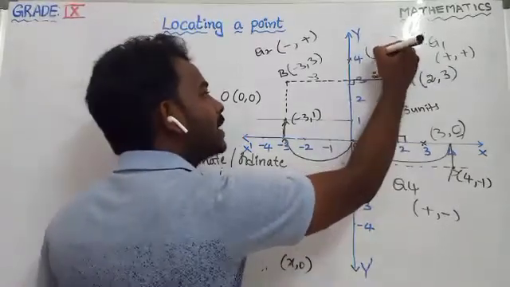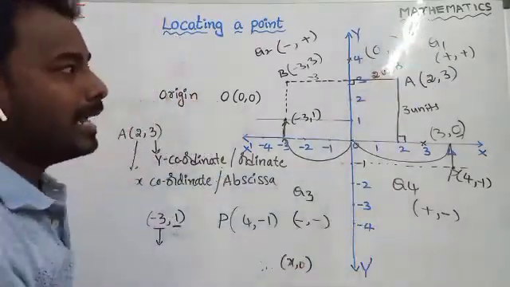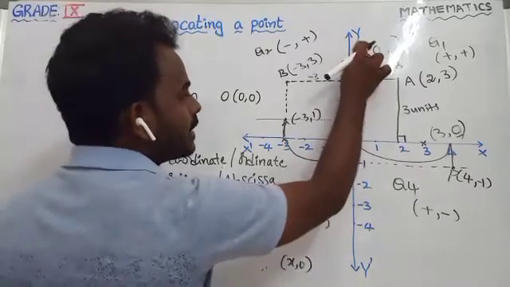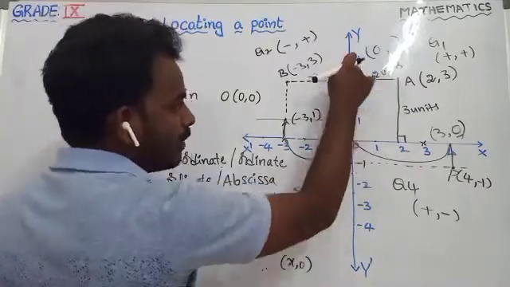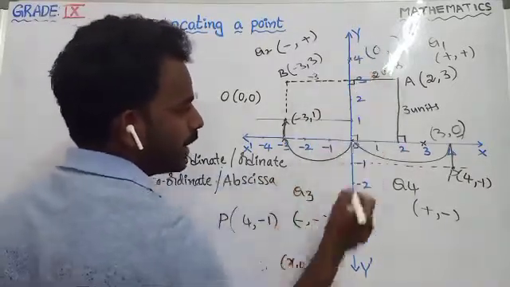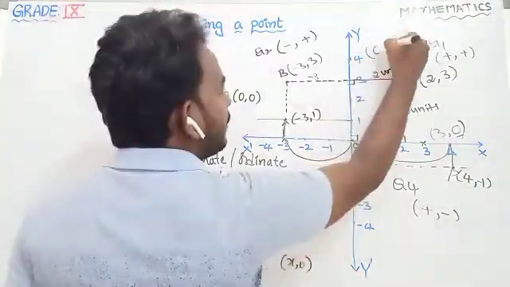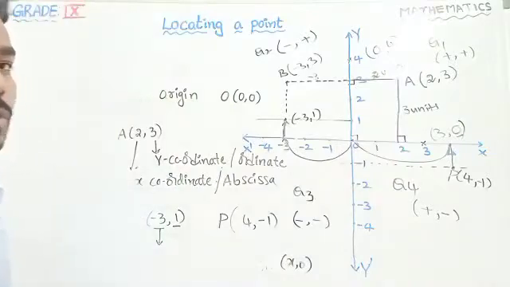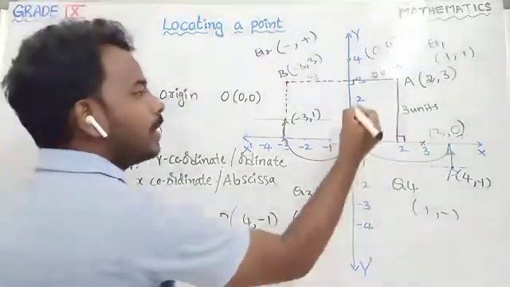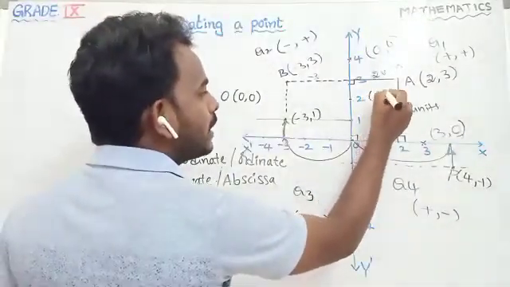So you start from 0, and for the next value, what is the distance of this point from the x axis? From the x axis it is perpendicular. So 1, 2, 3, 4: 4 units away from the x axis. So it is 0, 4. And what is the location of this other point? 0, 2.